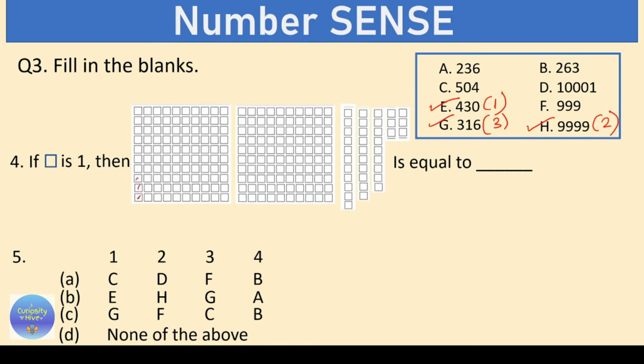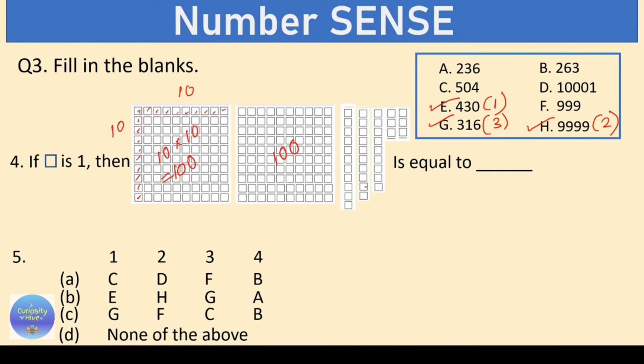So 1, 2, 3, 4, 5, 6, 7, 8, 9, 10. So this has 10 rows and 10 columns. So the entire number of blocks in this is 10 times 10, which is equal to 100. So each of this box is 100 each.